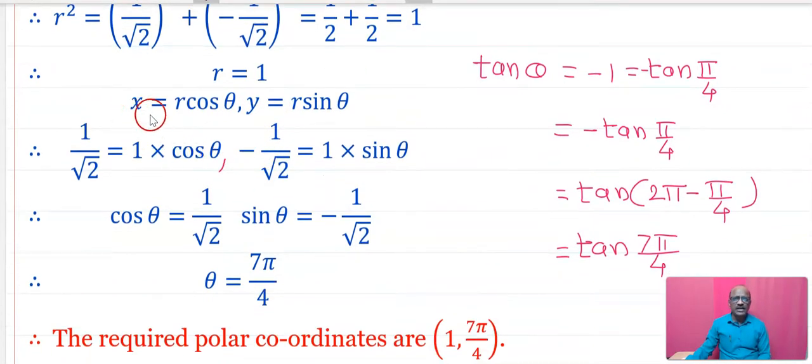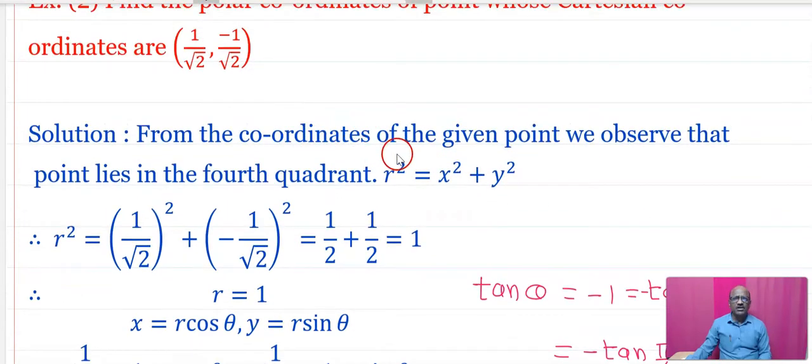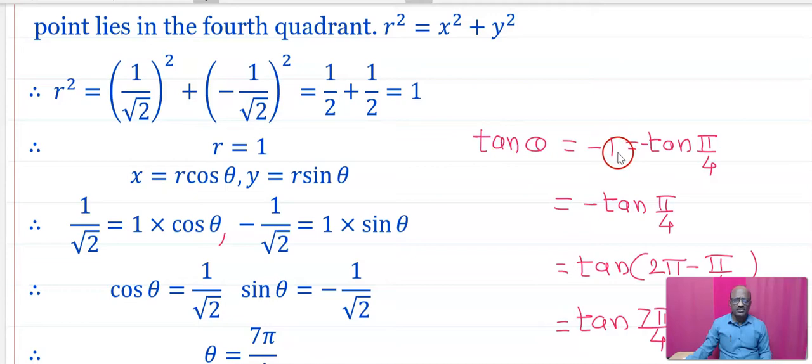Now x is equal to r cos theta, y is equal to r sin theta. If we substitute here the value of x, 1 by root 2, and r is 1, we get 1 by root 2 is equal to 1 into cos theta, and minus 1 by root 2 is equal to 1 into sin theta. Therefore cos theta is equal to 1 by root 2 and sin theta is equal to minus 1 by root 2. Now the value of tan theta is equal to minus 1.